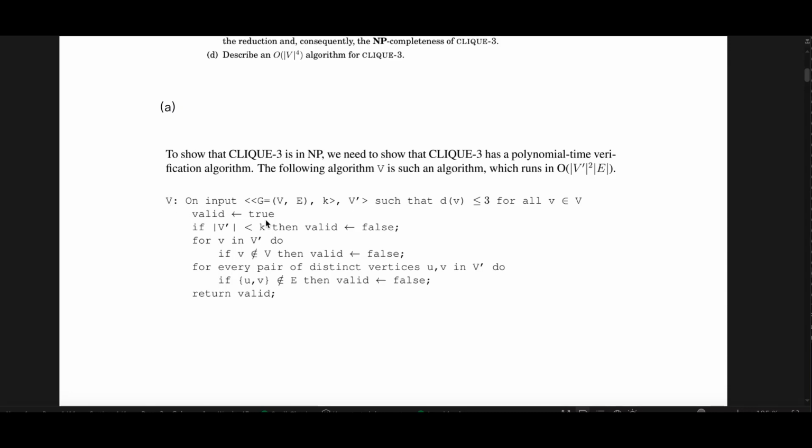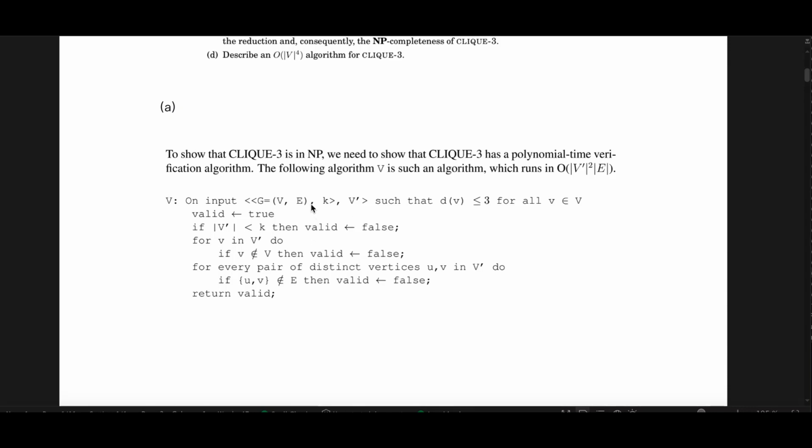On input G = (V, E), K, V+ such that d(v) is at most 3 for all v in V, valid is true. If |V+| is smaller than K, then valid is false.